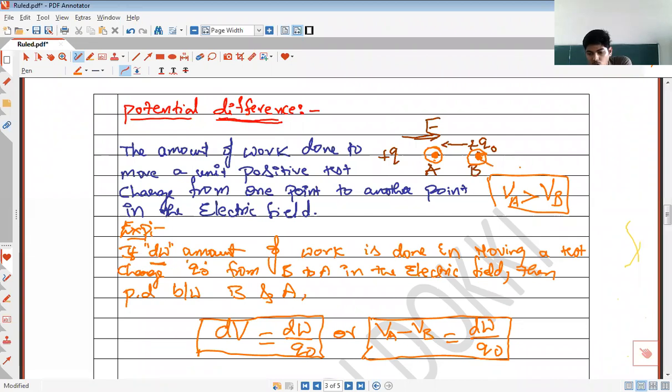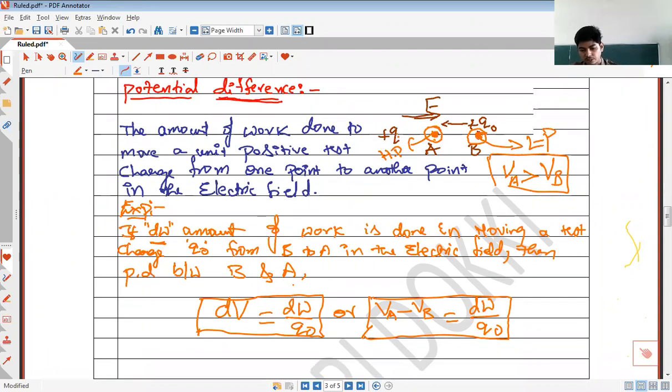B is a point at lower potential and A is a point at higher potential. I have told you, the point which is close to the source charge has high potential, and the point which is at a large distance from the source charge has low potential. If you are moving the charge from lower potential to higher potential, you will have to do work.